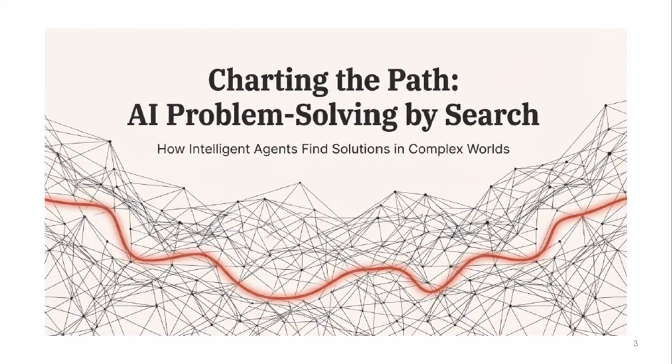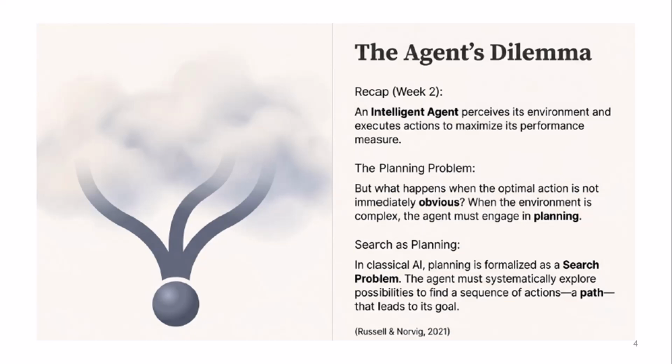In classical AI, the whole process of figuring out that sequence of moves is called a search problem. The agent systematically explores possibilities to find a path to its goal. So when we say search, think intelligent planning.